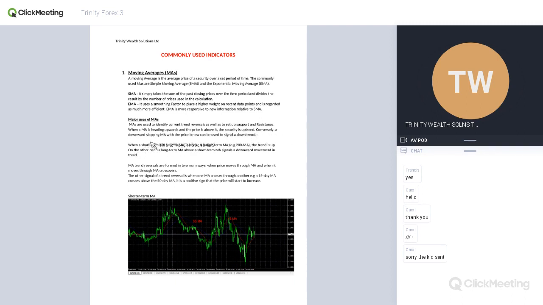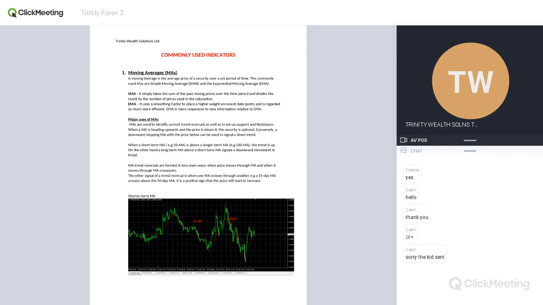Conversely, a downward sloping MA with the price below it can be used to signal a downtrend. So today I'm not able to increase my screen, so I'm sometimes not able to see, and I'm sorry for that.